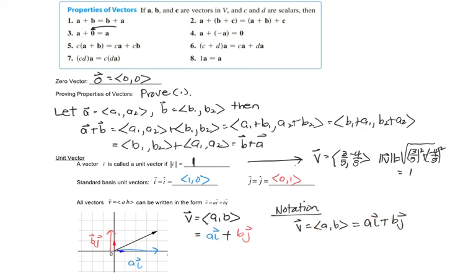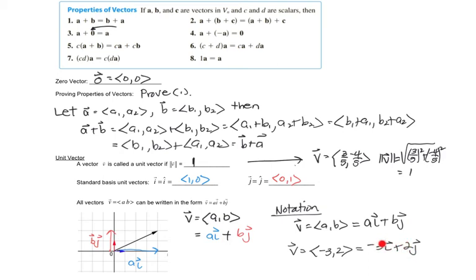I tend to use this, just a little less writing, but interchangeable. So if you had v equals (-3, 2), you could also write that as -3i plus 2j. Either way is fine.